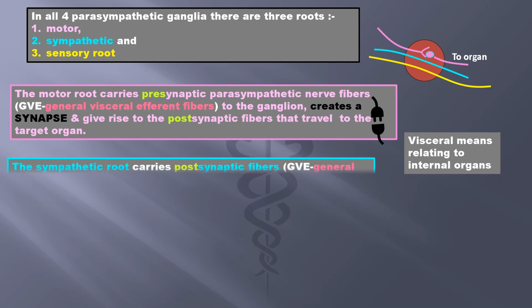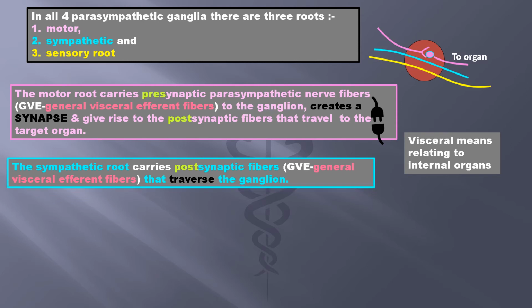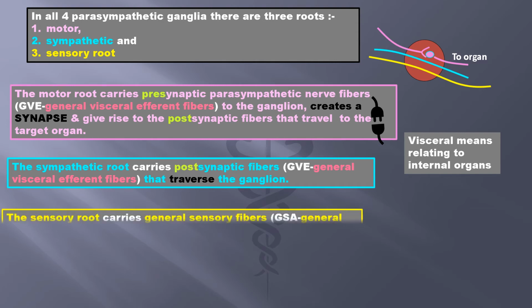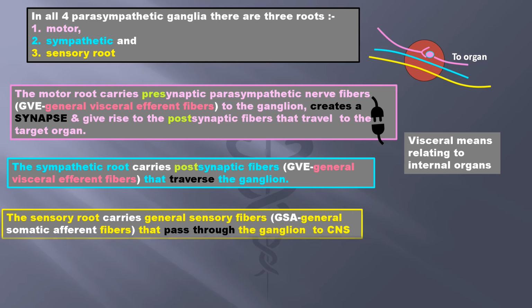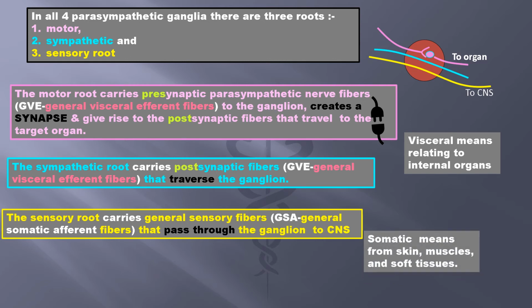The sympathetic root, which is in the color blue, carries postsynaptic fibers which are also GVE like above, but they just pass through the ganglion. The sensory root, given in yellow color, carries general somatic afferent fibers, that is GSA, that pass through the ganglion and go to the central nervous system.